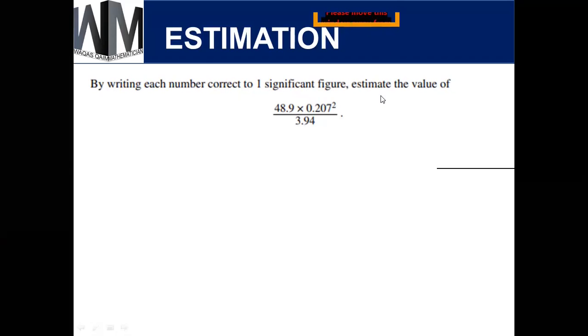If someone does the whole calculation by hand and gives the accurate answer of this expression, then he will get 0 marks, because they do not ask to calculate, they ask to estimate. So they need the estimated value of this one, right everyone? So two things need to be remembered here: you cannot do the accurate calculation, and every number should be written to one significant figure, right everyone?